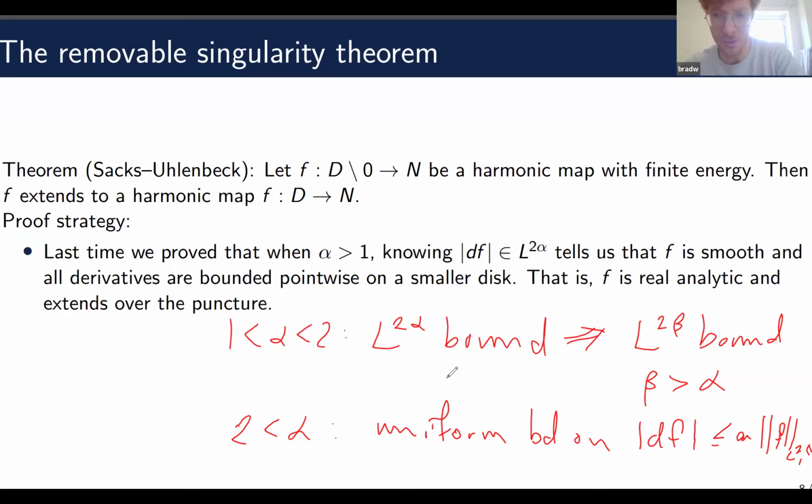What this then lets us do is, we get a bound on df, and then to extend it to higher derivatives, we need to use the elliptic inequality and the Sobolev embedding theorems to bootstrap. And this eventually shows that all of the higher derivatives are smooth and bounded.